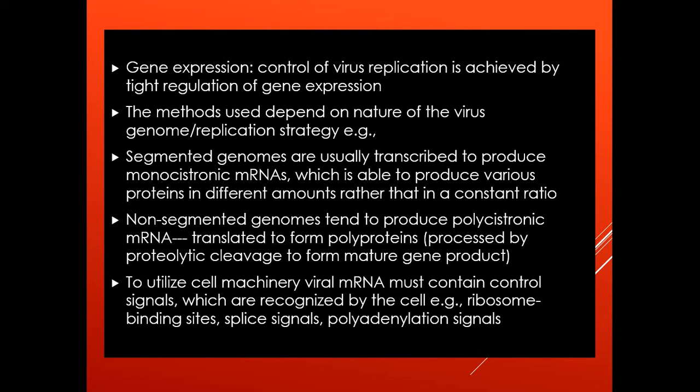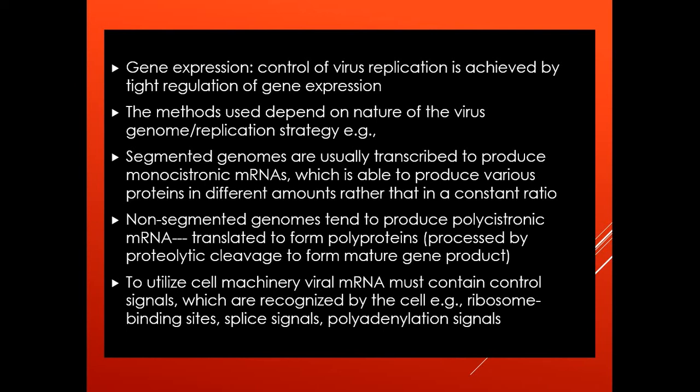Non-segmented genomes tend to produce polycistronic mRNA translated to form polyproteins, meaning functionally different proteins are produced or processed by proteolytic cleavage to form the mature gene product.